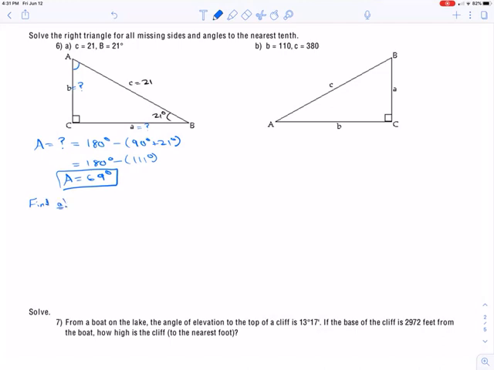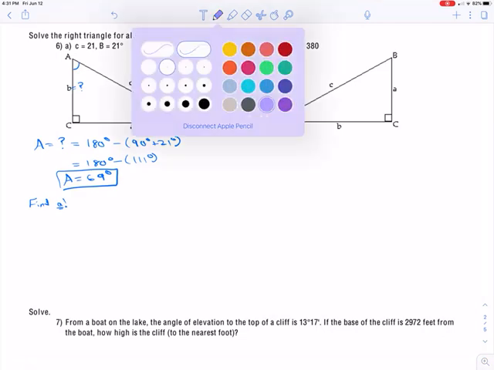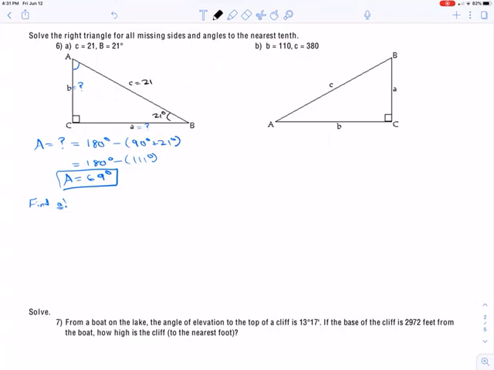To find A, I'm going to use my right triangle trig. Let's use the given angle. So let's use cosine. I know the cosine of 21 degrees is equal to adjacent over hypotenuse. Here's the adjacent side, and here's the hypotenuse, which we're given.